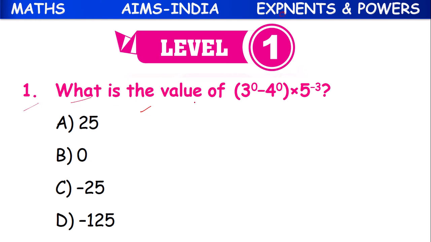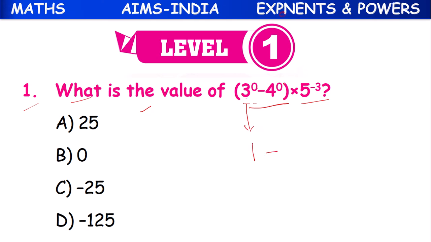What is the value of 3 to the power of 0 minus 4 to the power of 0, into 5 to the power of minus 3? We know that any base to the power of 0 is 1.